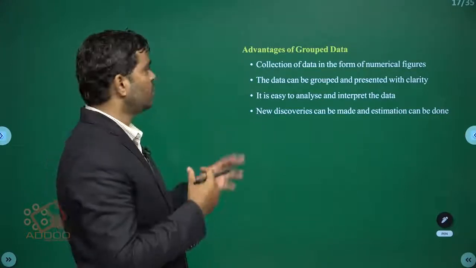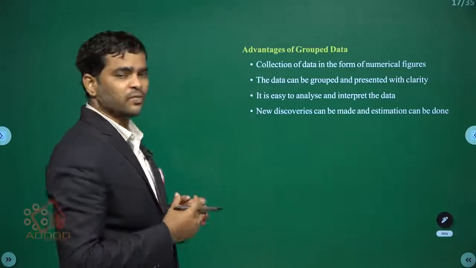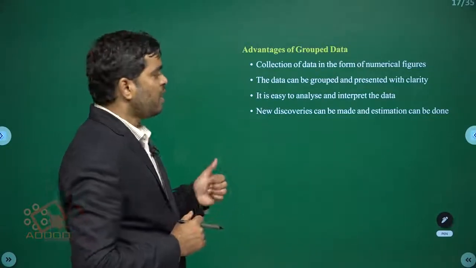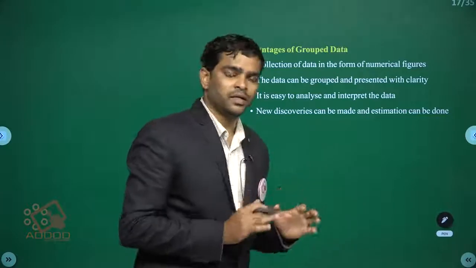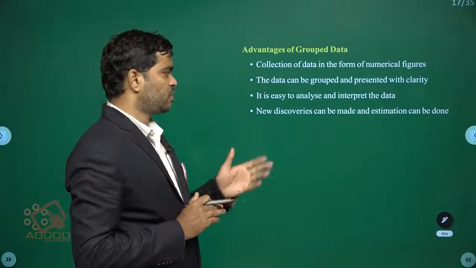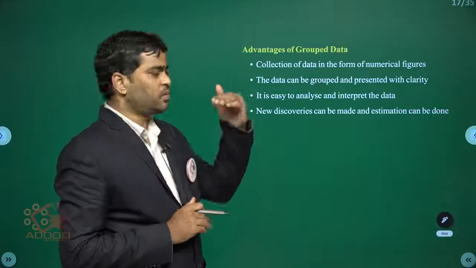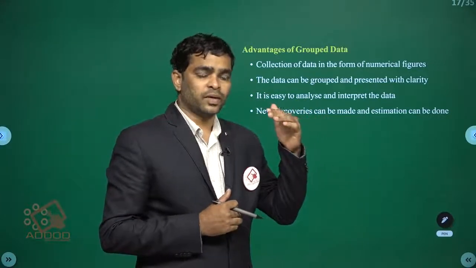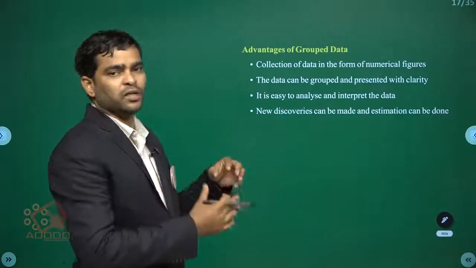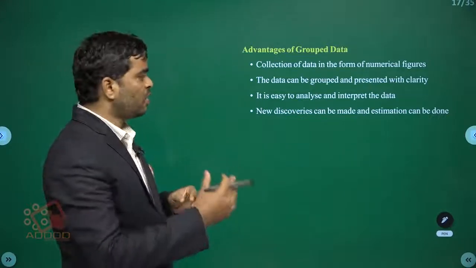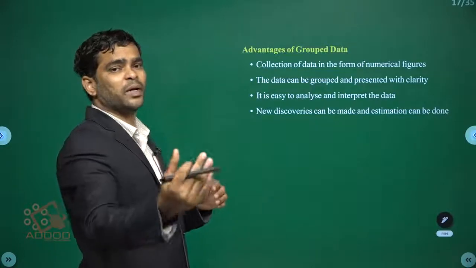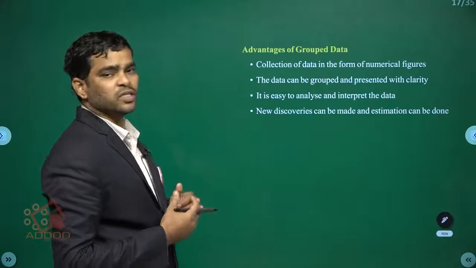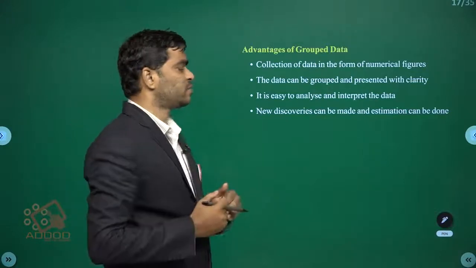New discoveries can be made and estimates can be done. Like the previous rainfall example, if we have the last 5 years of rainfall, based on that data we can predict what will happen in the next 5 years. For that purpose we can use grouped data to analyze easily.